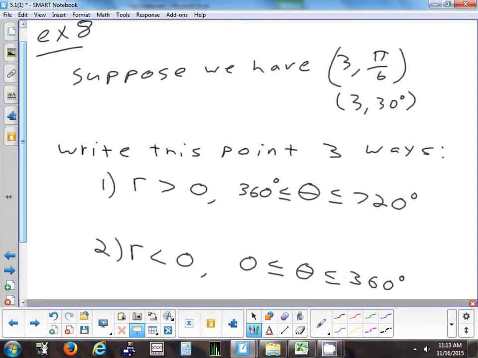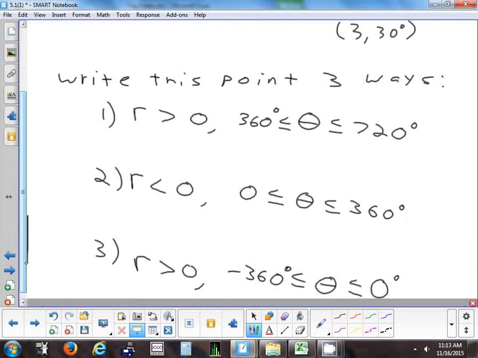Okay, next way I want to write it is with a negative radius. I want the radius smaller than 0, and I want a positive angle, between 0 and 360. And the third way I want to write it, I want the radius positive again, just like number 1, except this time I want a negative angle between 0 and negative 360.